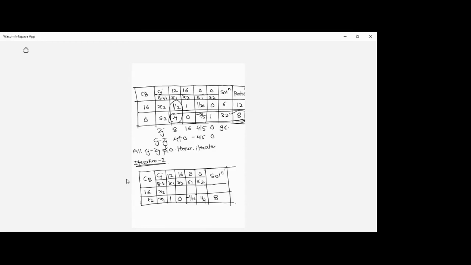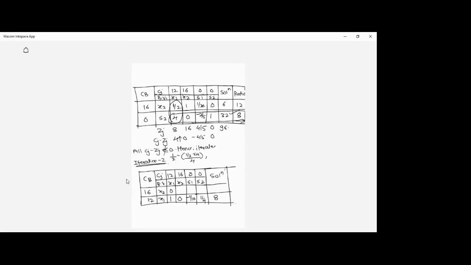Now similarly we are going to find the new values for the non-key rows. So here it will be 1 by 2 minus 1 by 2 into 4 divided by 4. So 4 cancels, 1 by 2 minus 1 by 2 comes out to be 0.